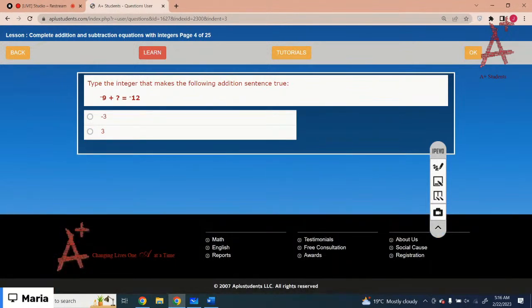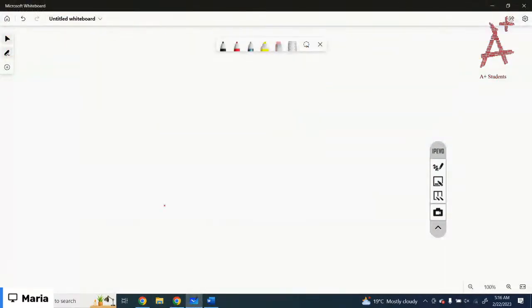Okay, the next one is negative 9 plus the missing number equals negative 12. Add 9 both sides. Got it? Because opposite to negative 9 is positive 9. Here negative 9 plus 9 cancel out.